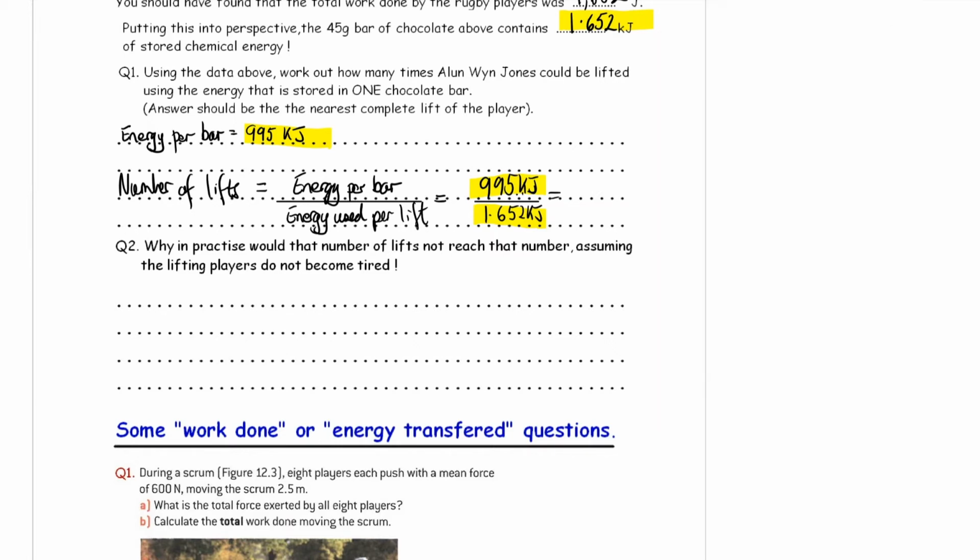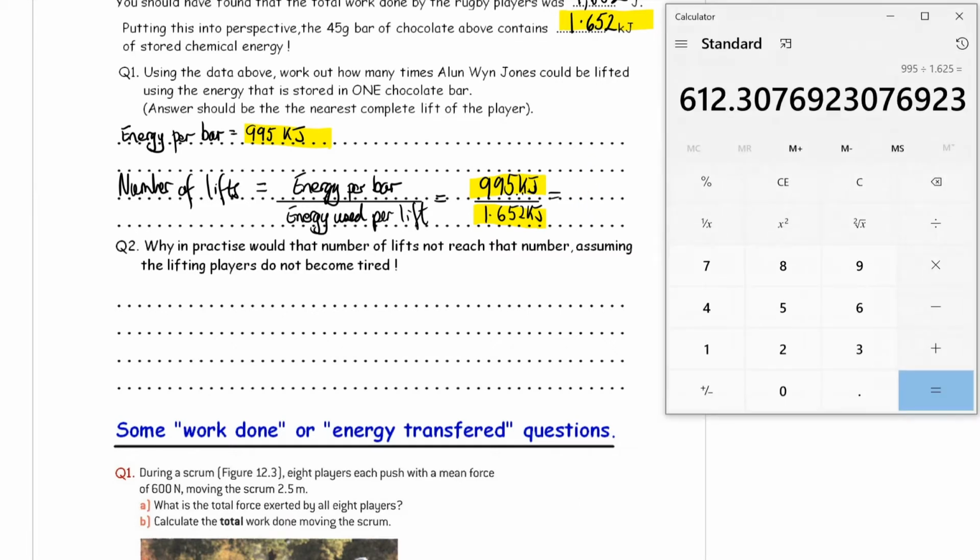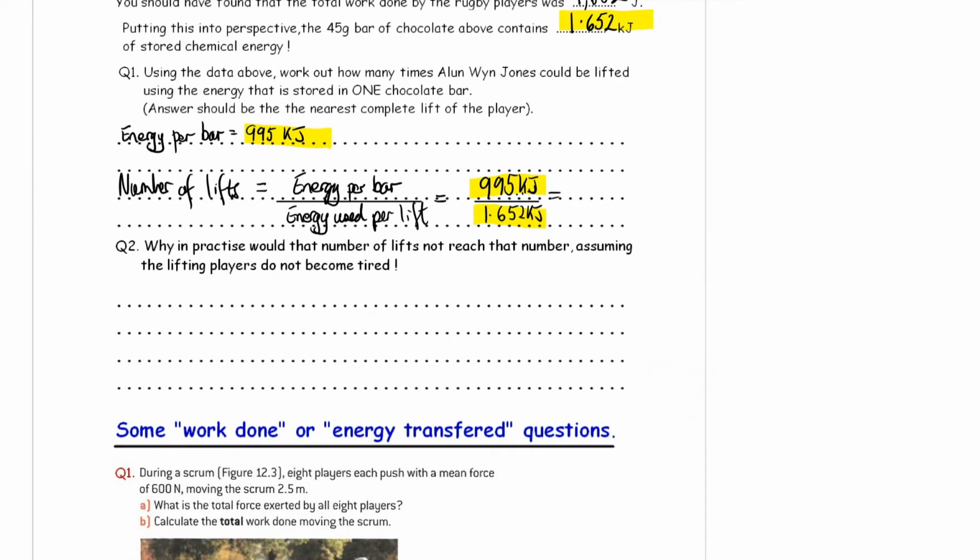So the number of lifts, let's just check that again, to the nearest lift, 612. So what that's saying is you get enough energy from that chocolate bar to lift Alan Wynne Jones 612 times.